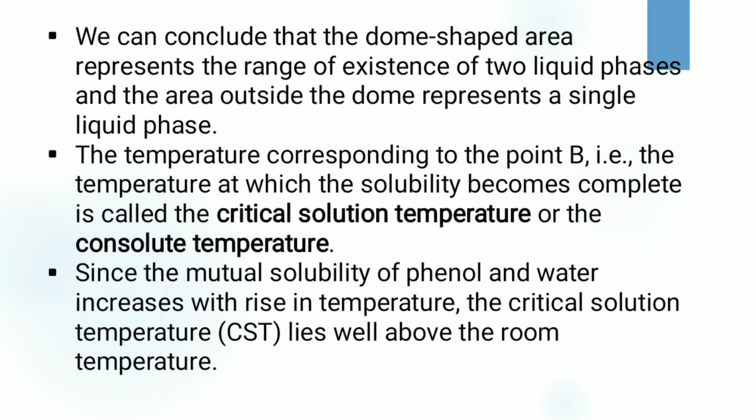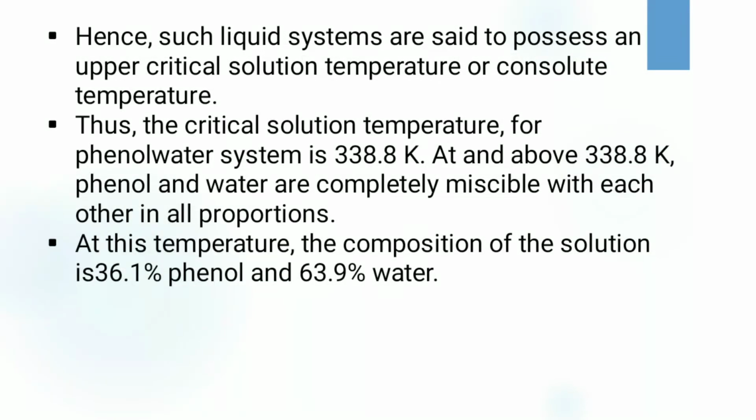Since the mutual solubility of phenol and water increases with rise in temperature, the critical solution temperature, that is CST, lies well above room temperature. Hence, such liquid systems are said to possess an upper critical solution temperature or consolute temperature.